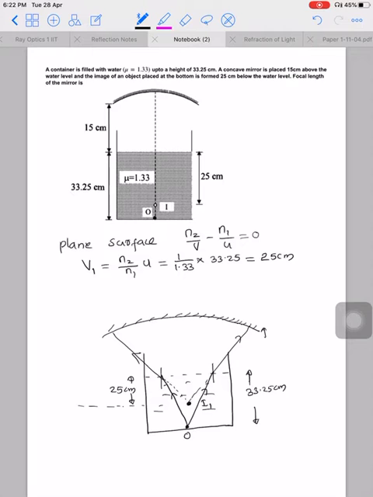So object distance of mirror is, from water surface, mirror is at a height of 15 centimeter. So with I1 as the object, the distance is 15 plus 25, 40 centimeter. Light is traveling in the upward direction. Distance is measured from pole in the downward direction, so u is negative. So for concave mirror, object distance u2 is equal to minus of 15 plus 25, minus 40 centimeter.